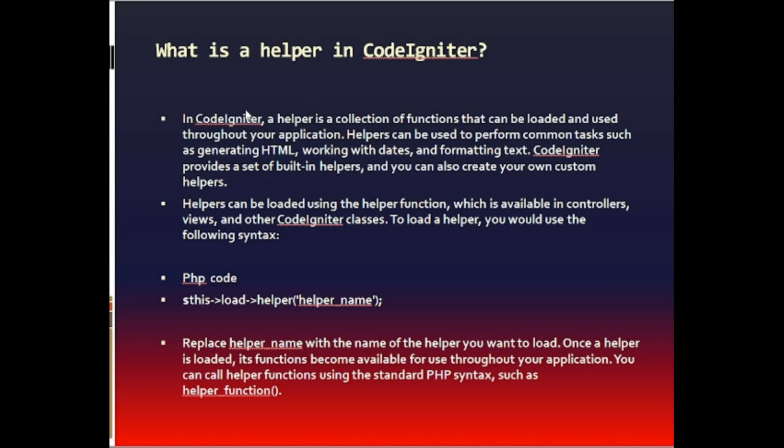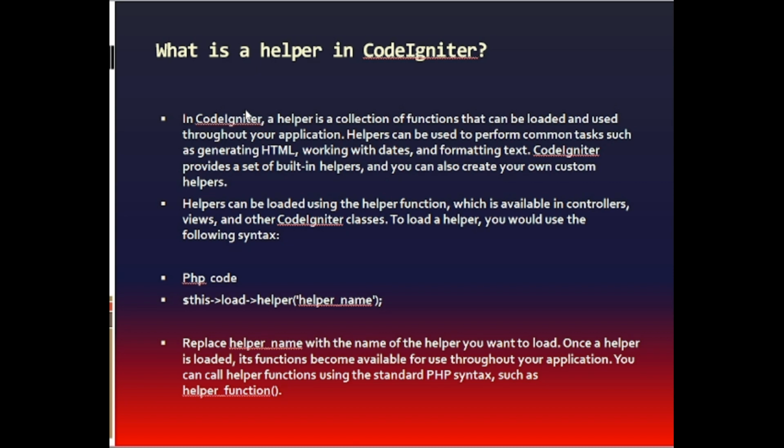Next, helper in CodeIgniter. A helper is a collection of functions that can be loaded and used throughout your application. Helpers can be used to perform common tasks such as generating HTML, working with dates, and formatting text.